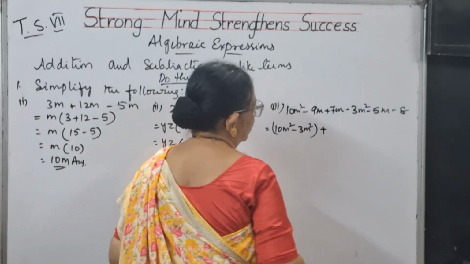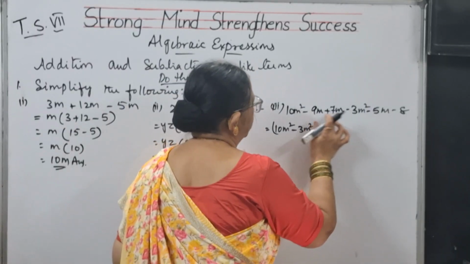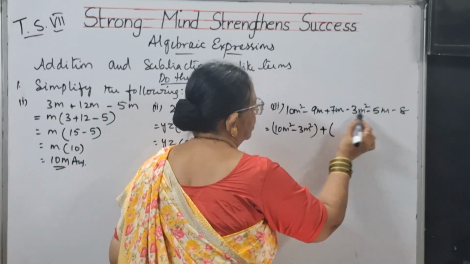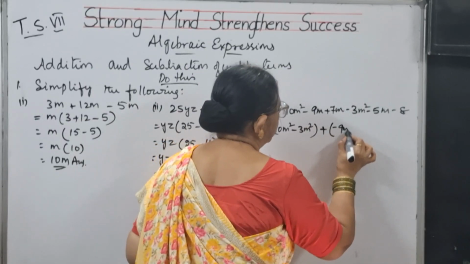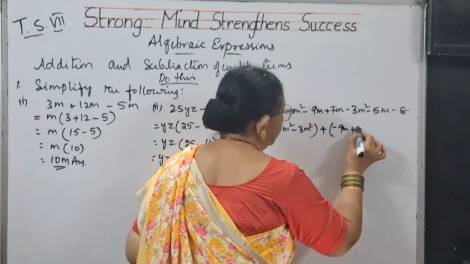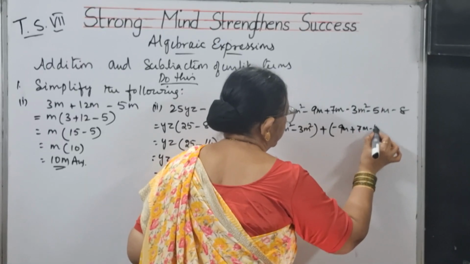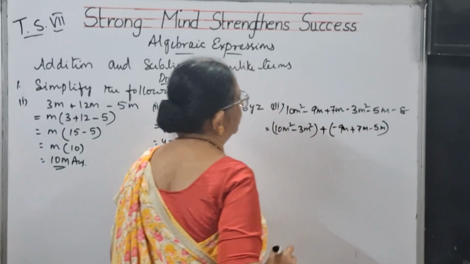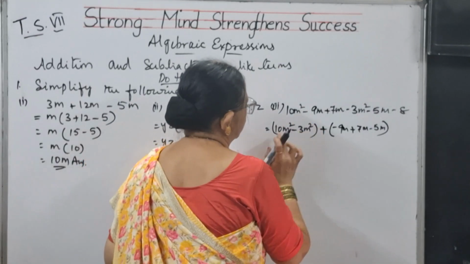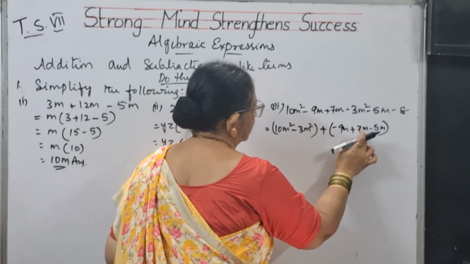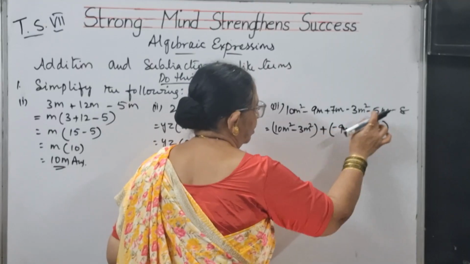Plus, the next ones are 7m and minus 9m, and minus 5m also is there. So minus 9m plus 7m minus 5m. You have kept this in one group. And then you have taken this, this, this, and also this.